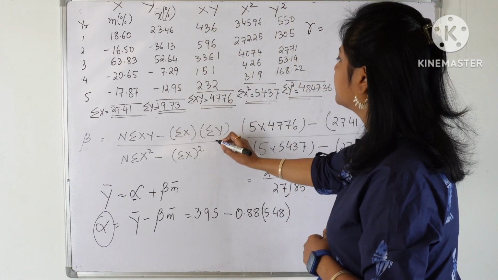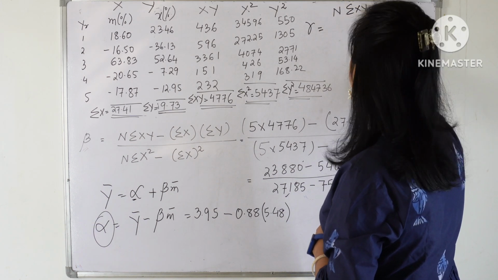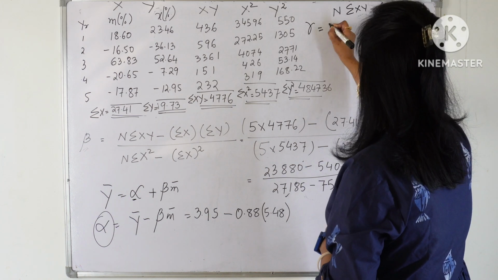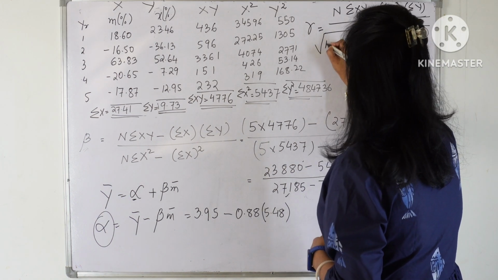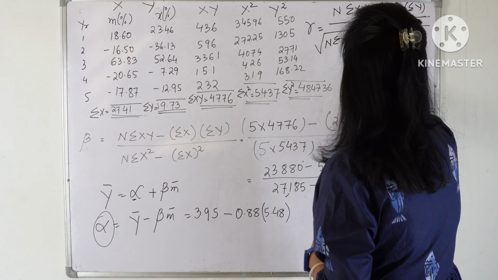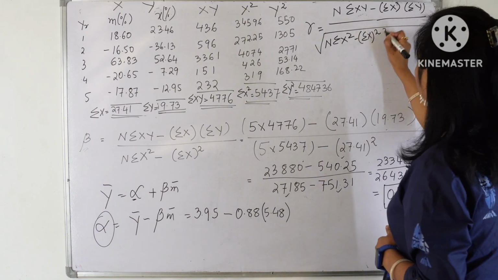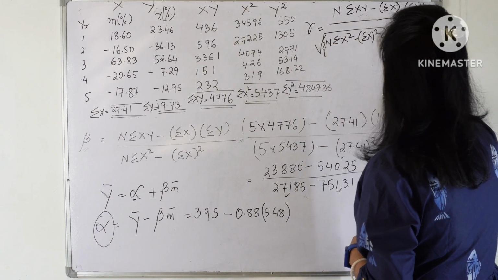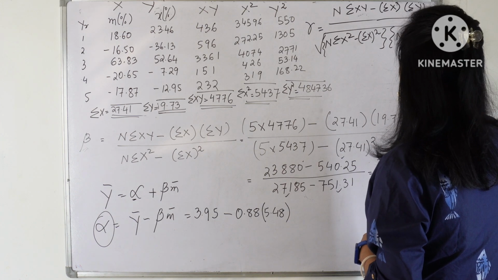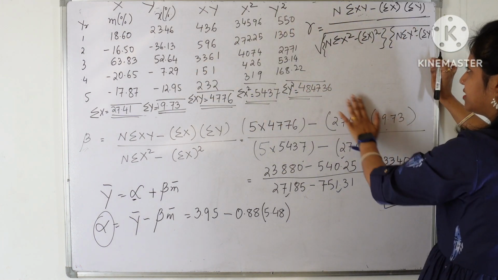Now R is the same formula: n into sigma xy minus sigma x into sigma y, divided by the root over n sigma x square minus sigma x whole square, multiplied by n sigma y square minus sigma y whole square. So now if this information is with you, you put it here.